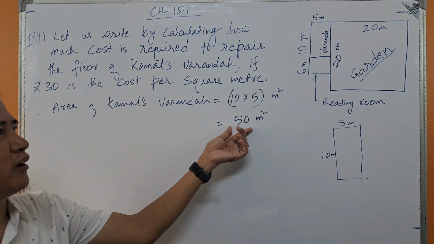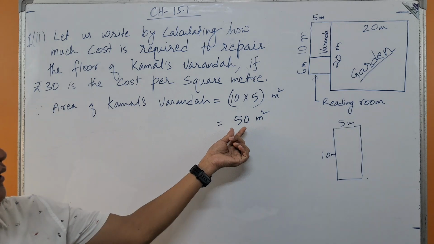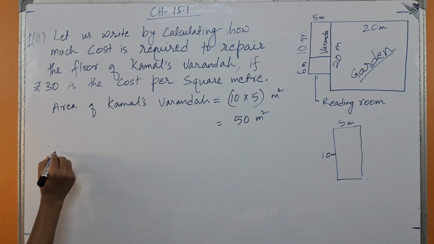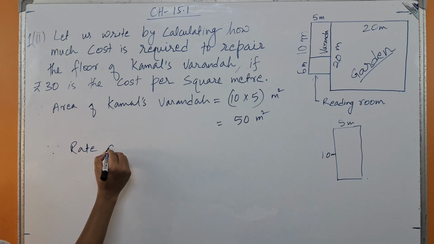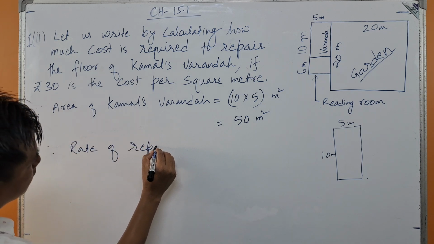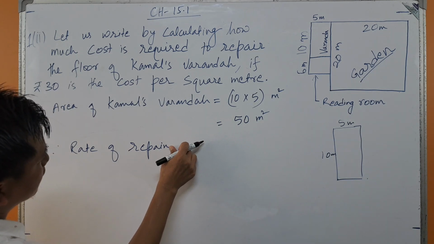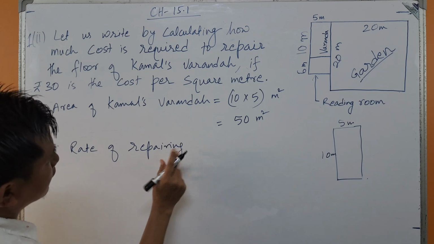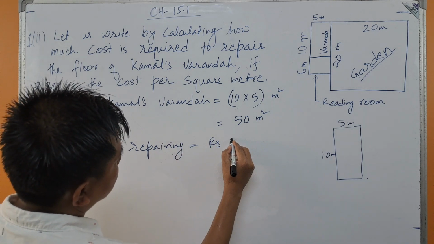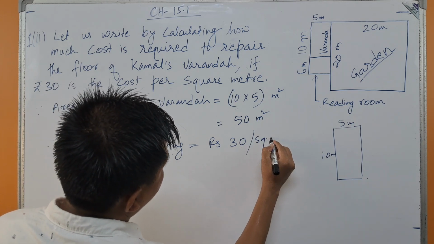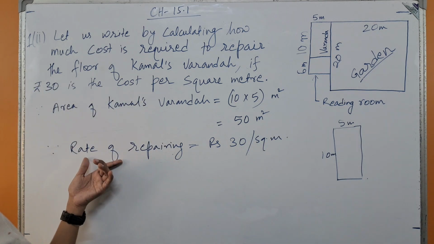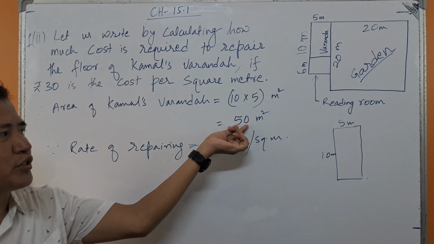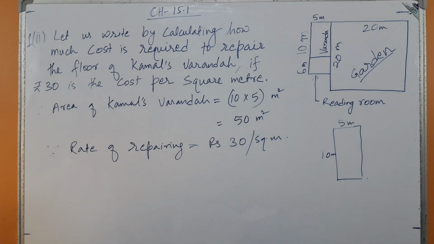Okay, so we got the area of Kamal's veranda and the rate of repairing Kamal's veranda is rupees 30 per square meter, isn't it? To repair 1 square meter, the cost is 30 rupees. So to repair this much area, what will be the total cost?